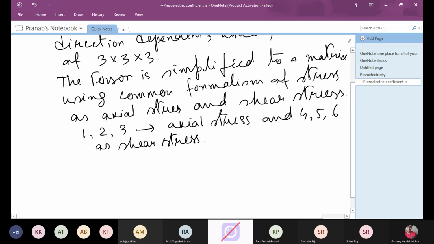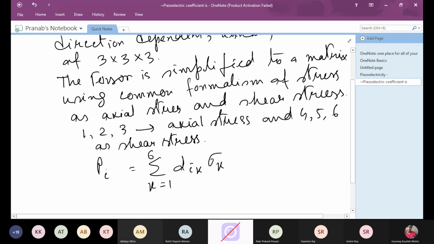Then the polarization P induced by stress is defined as P_i equals the sum over k equal to 1 to 6 of D_ik sigma_k, where D is now a matrix. Here, in the absence of any electric field, this is true.